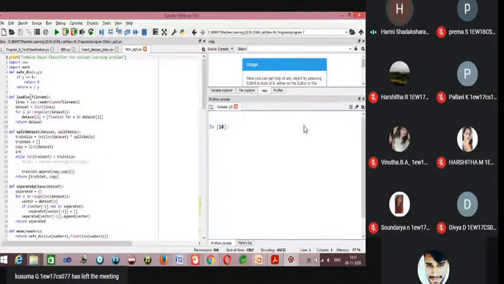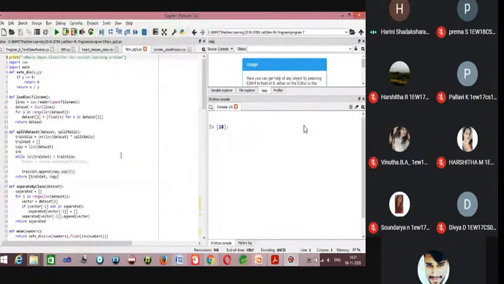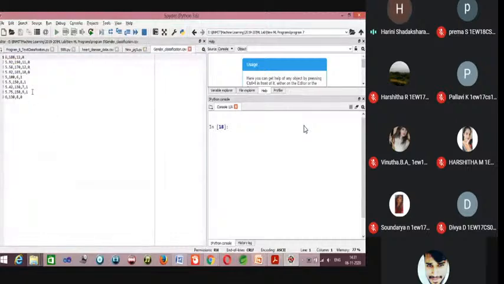It works fine, but it is meant for continuous values. So I have changed the data set to gender classification, whatever we discussed. The same example I had put. This is your height, this is your weight in lbs, this is foot size in inches, and this is the classification. 0 represents male, 1 represents female.